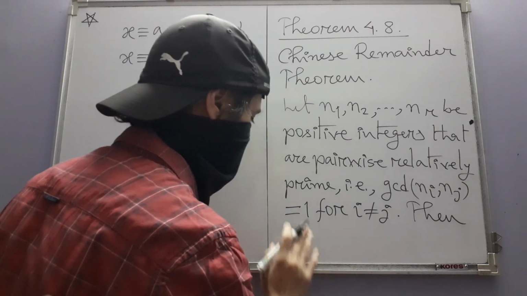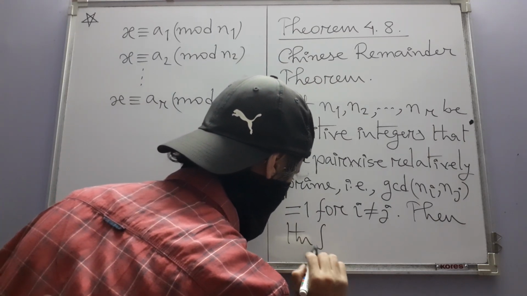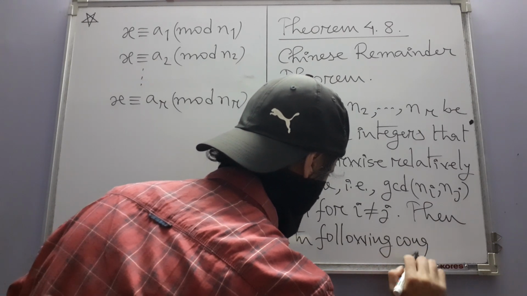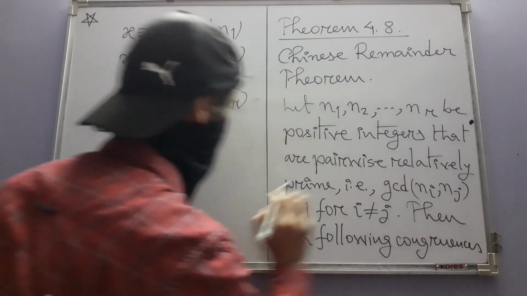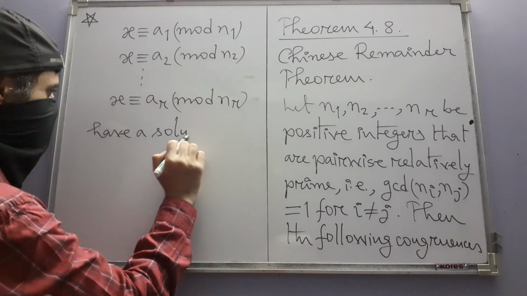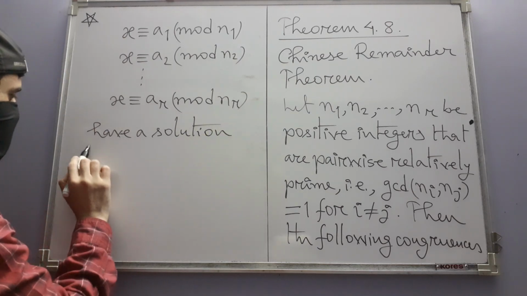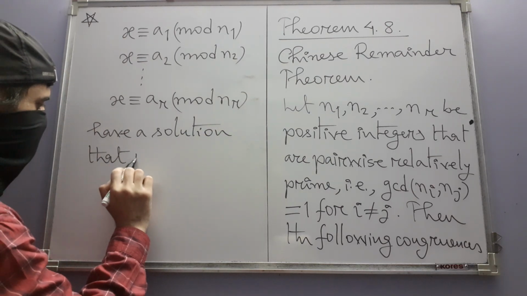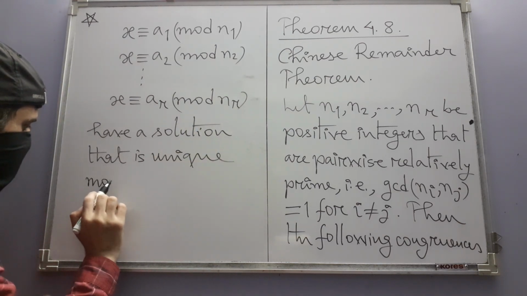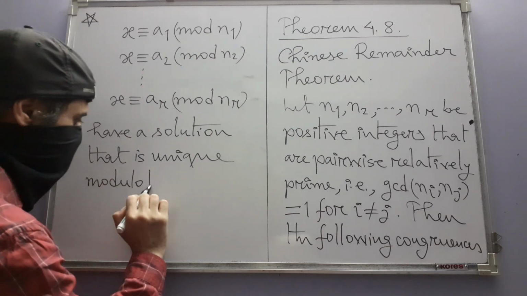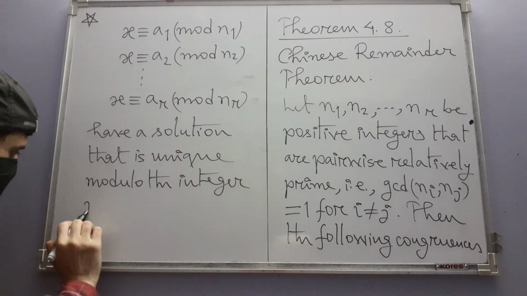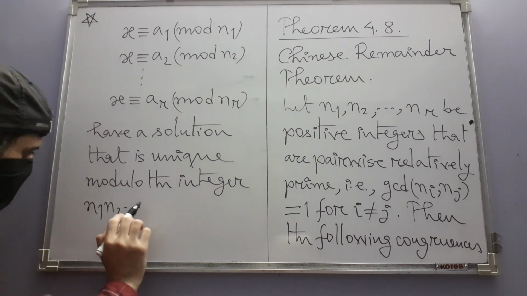Or I should perhaps write here: then the following congruences have a solution that is unique modulo the integer which is the product of those moduli.